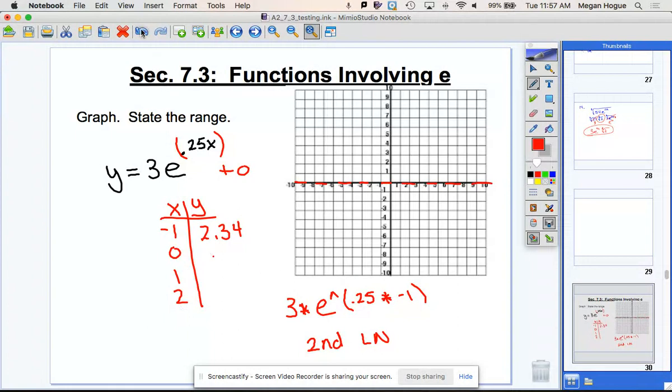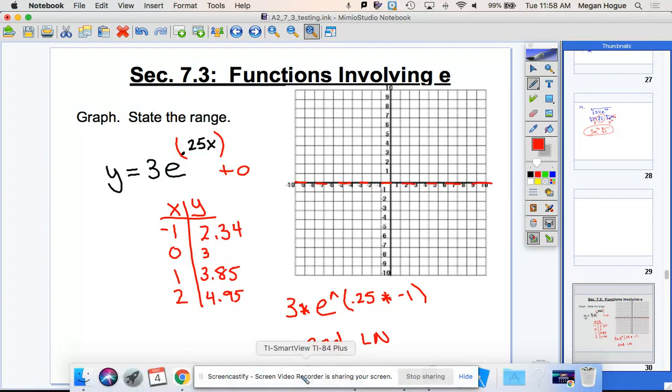So you can see if you start matching with me, I have 3 and then 3.85. And again, if you just rounded to 1 decimal place, that's okay. And 4.95.